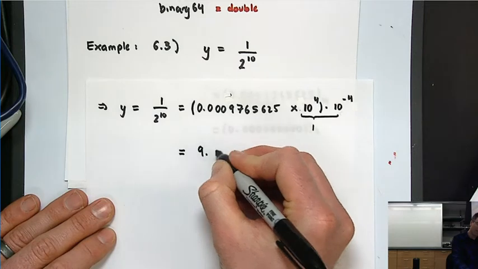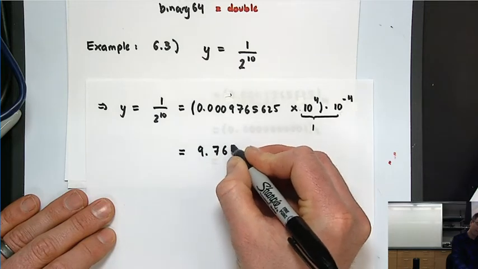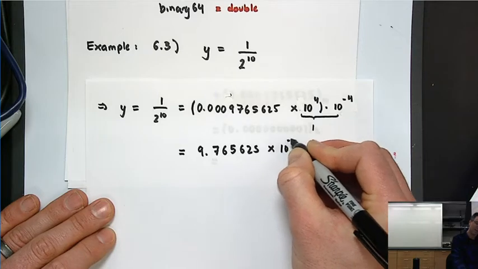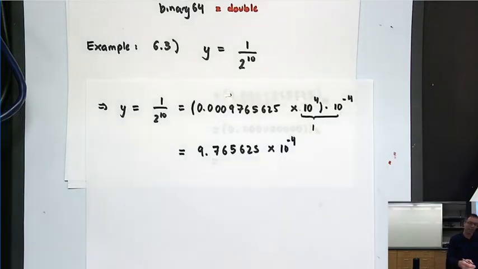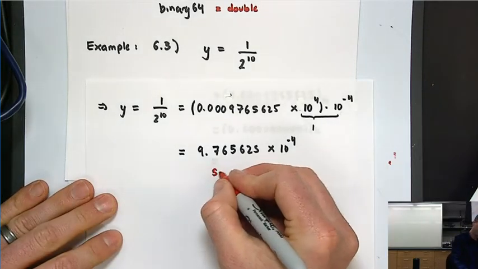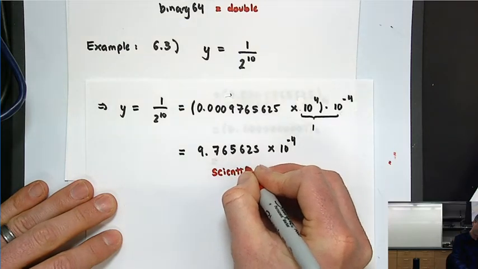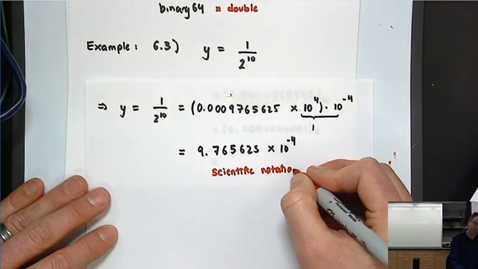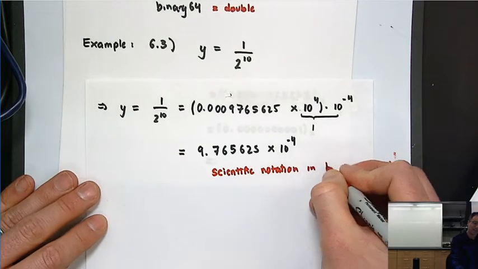This would be 9.765625 times 10 to the negative 4. And that's what we call scientific notation, in this case in decimal form.